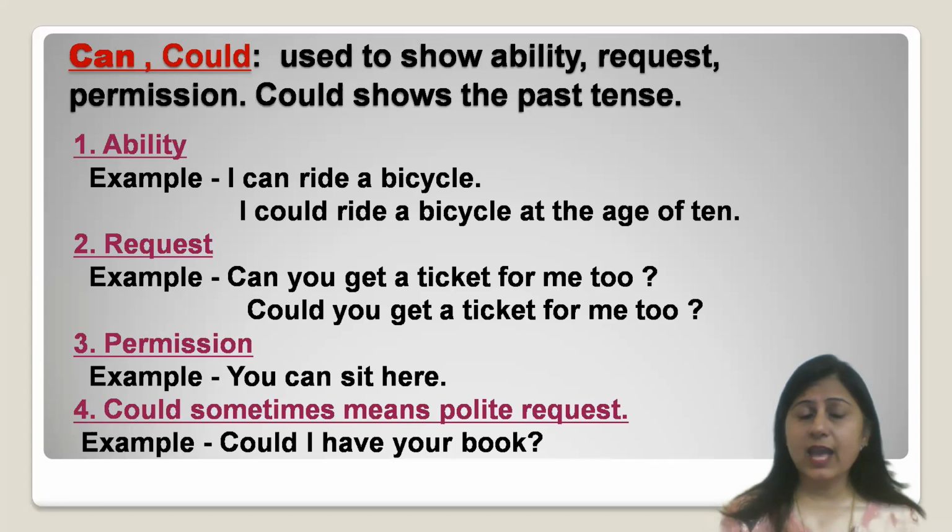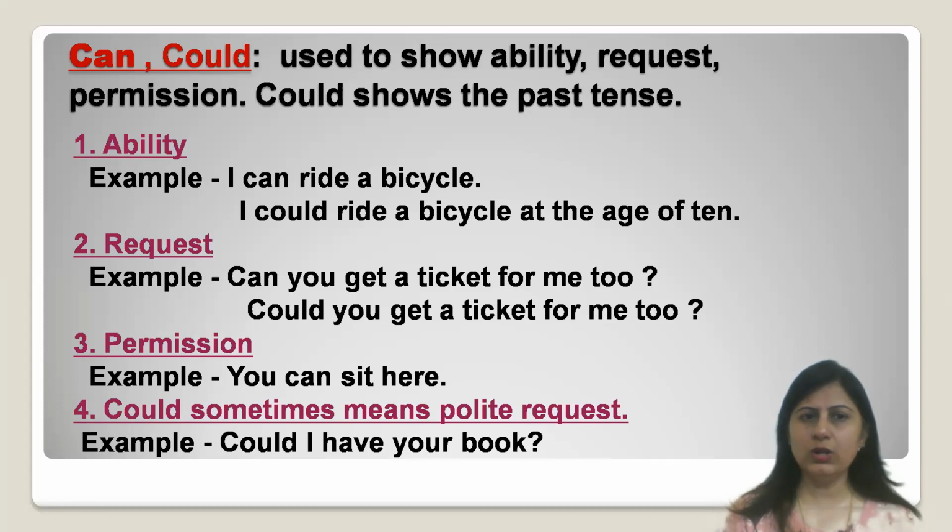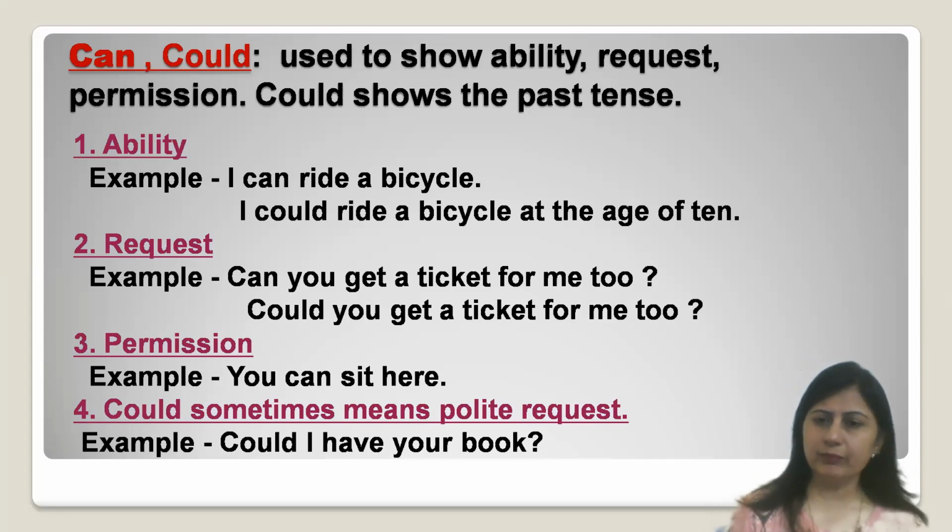I can is the modal here which is showing my ability, that yes, I am able to ride a bicycle. In the past tense, we will say, I could ride a bicycle at the age of 10. Means when I was 10 years old, I was able to ride a bicycle.